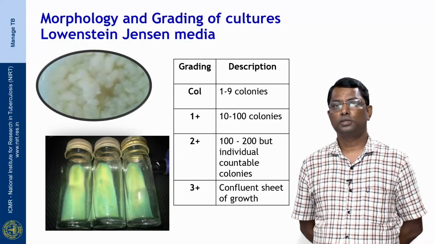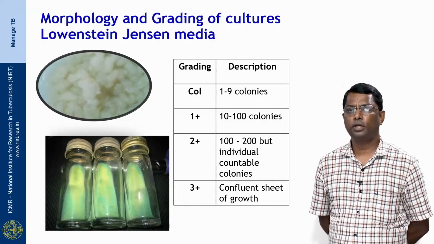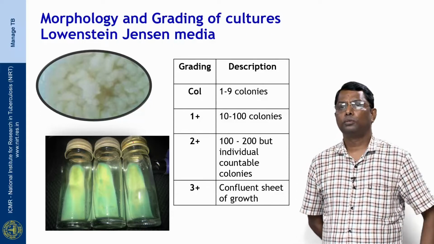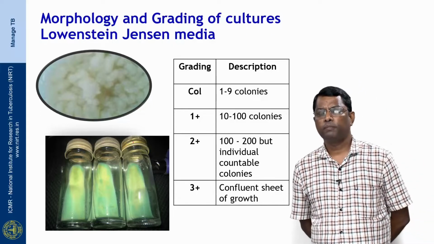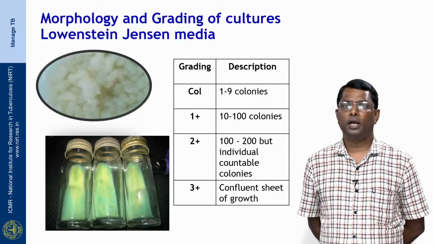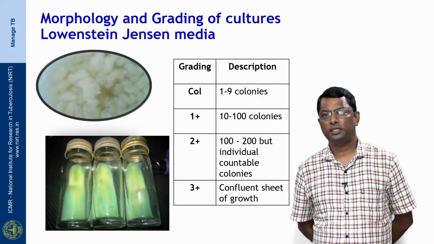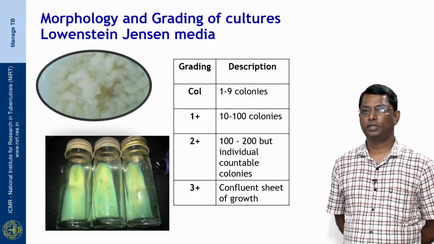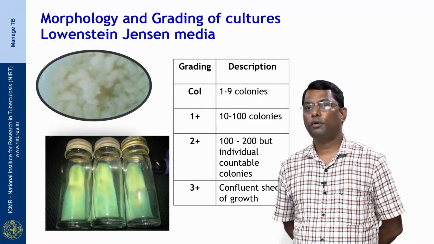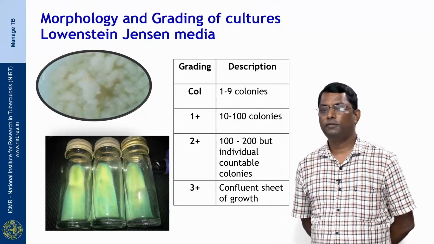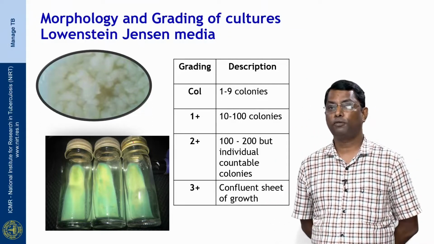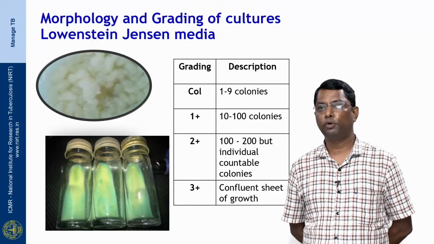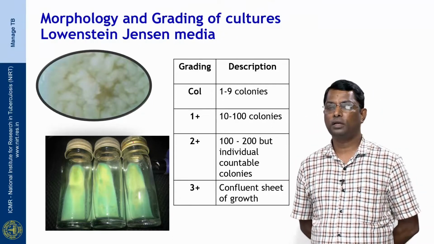Solid culture is also a semi-quantitative measurement of the load of bacilli. So, in this you can see that depending upon the number of colonies which are present, it can be classified into 1 plus, 2 plus or 3 plus. If the number of colonies is 1 to 9, we have to report only the number of colonies, that is, if there are 5 colonies on the LJ medium, you report it as 5 colonies grown in culture.